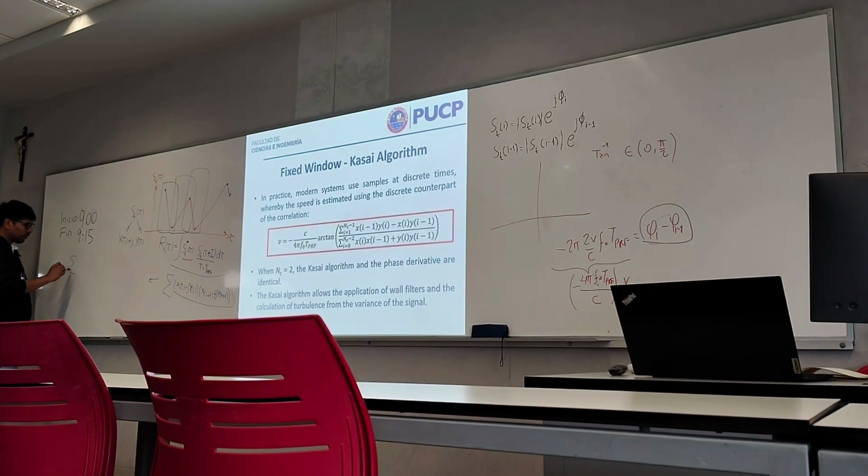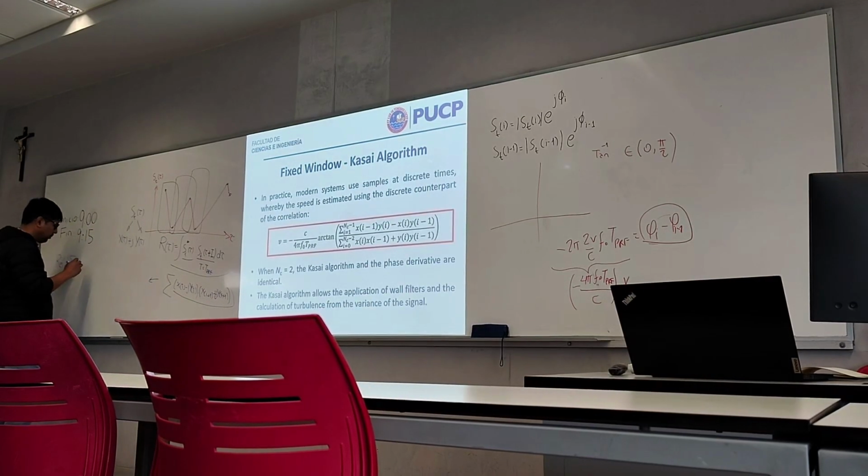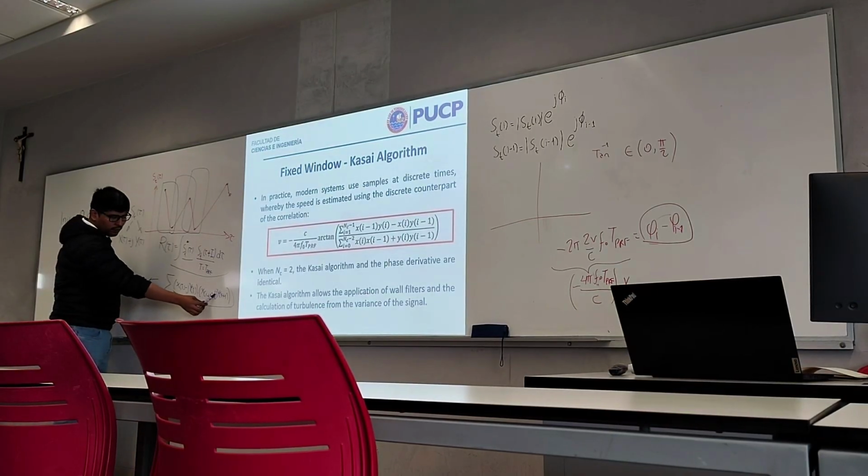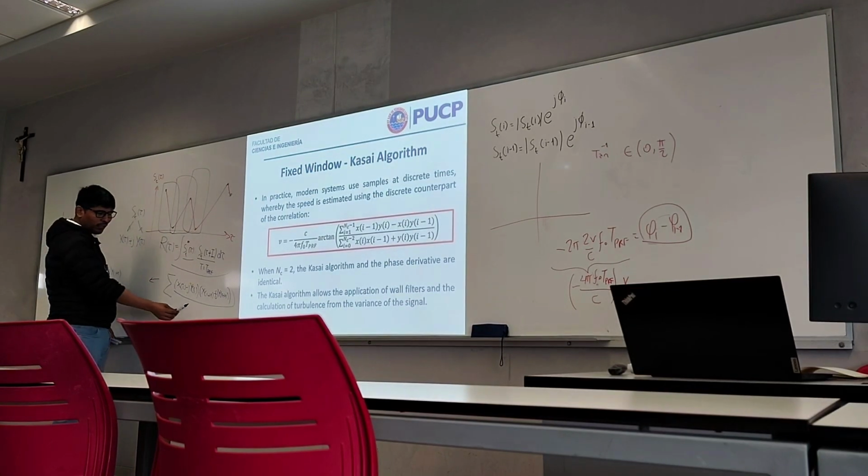So we have a sum, the real part will be a sum of x(i) x(i+1), and this minus j times plus j that are multiplying will be plus y(i) y(i+1). And for the imaginary part will be a sum of this multiplied by this and this multiplied by this.